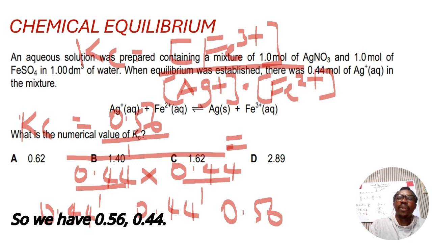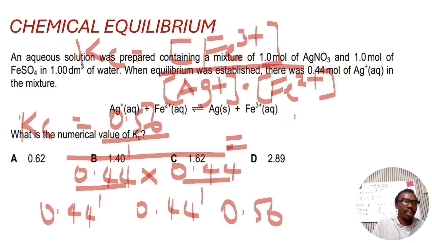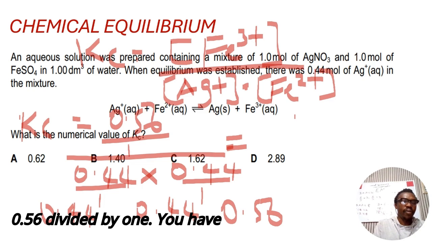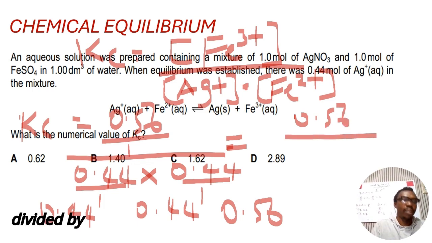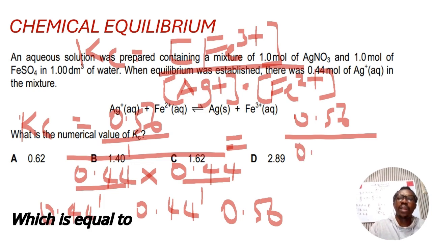So I have 0.56 divided by 1, you have 0.56, divided by 0.44 divided by 1 times 0.44 divided by 1, which is equal to 0.1936.